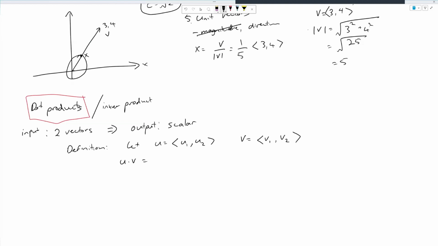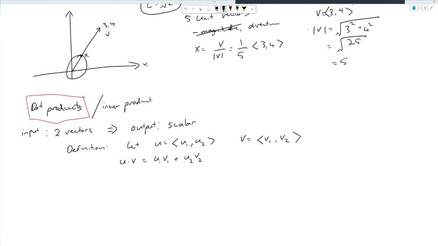The x component of u is u1, and the x component of v is v1, so you multiply them together, plus u2 v2. Essentially it's just component-wise multiplication.